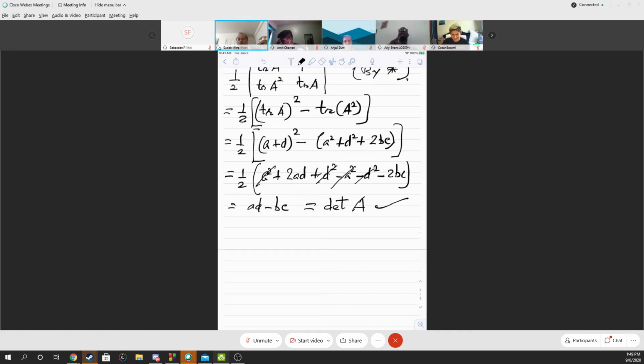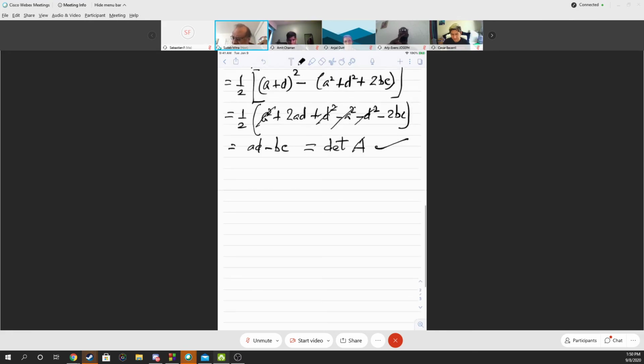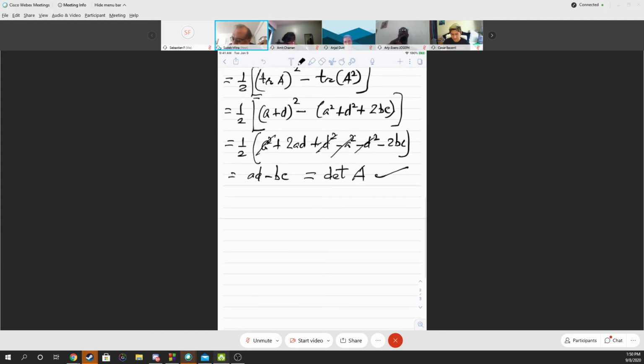Okay, now we are about to talk about the determinant of an n by n matrix, but we'll come down to 3 by 3. So let A be a square matrix, an n by n matrix.